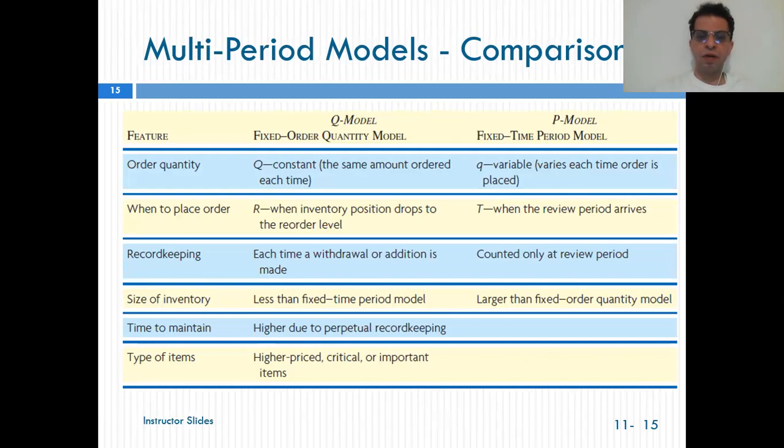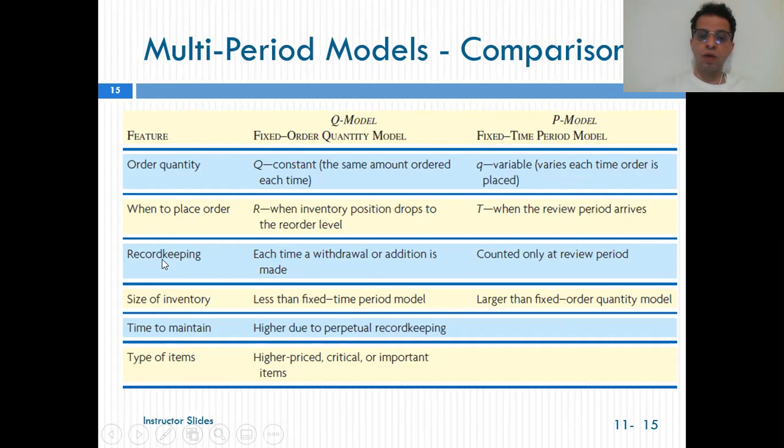And what you have here are the features. Order quantity: constant, the same amount ordered each time in the Q model. In the P model, the fixed time period model, it varies each time an order is placed. When to place the order: when the inventory position drops to a pre-determined level in the Q model, but in the P model, when the review period arrives.